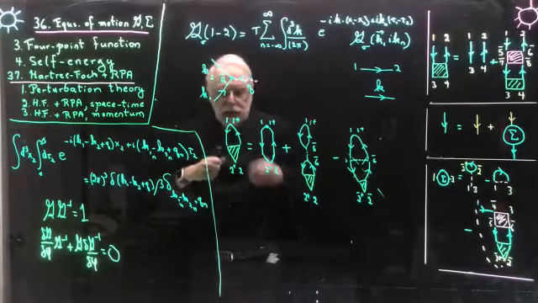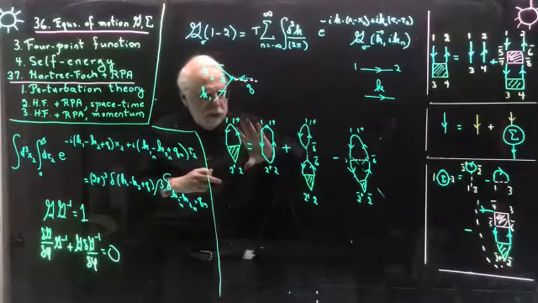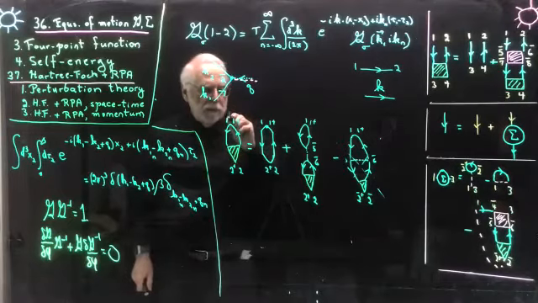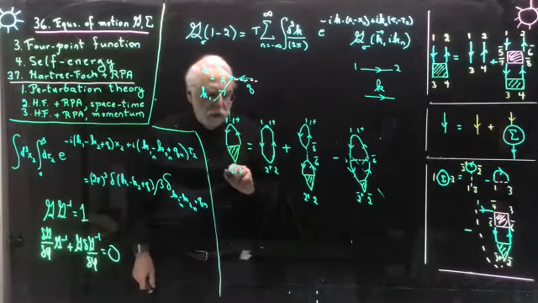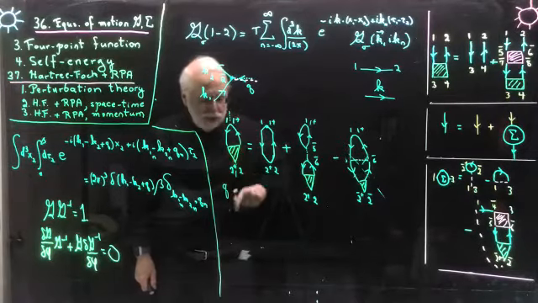Now I will have density at point 1 minus density at point 2, so I take the Fourier transform of that. It's as if I had some momentum Q that was flowing through this diagram, momentum and frequency.